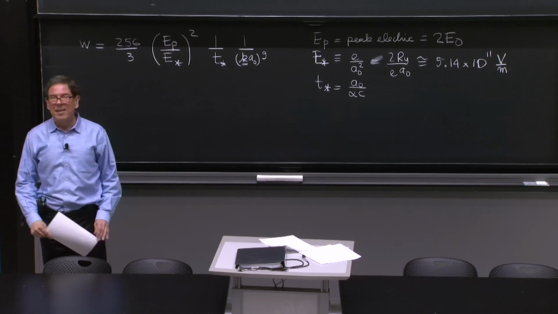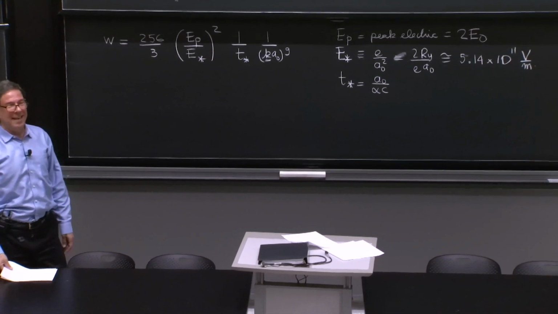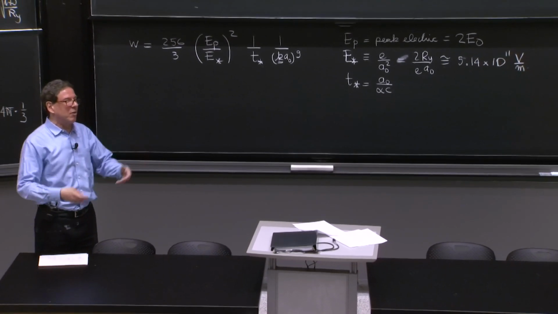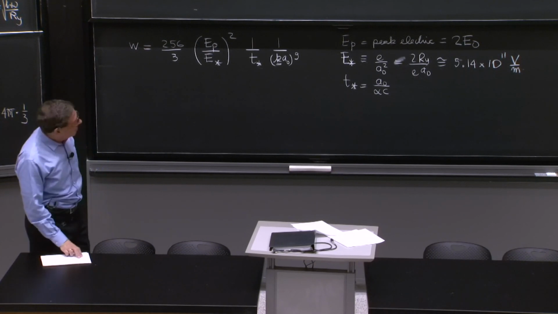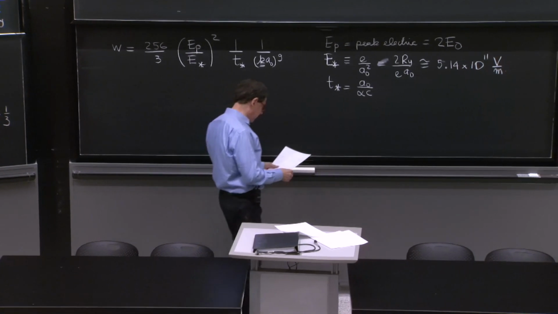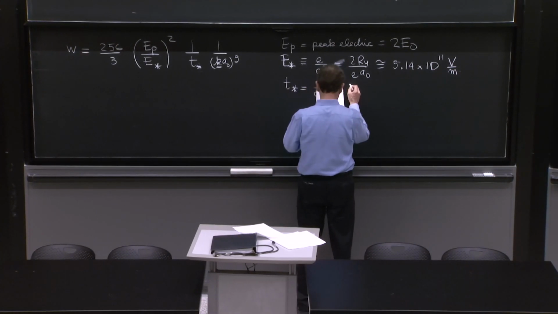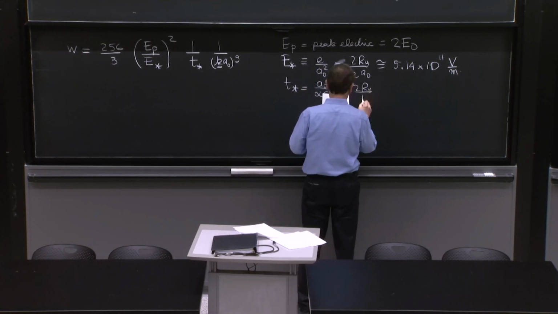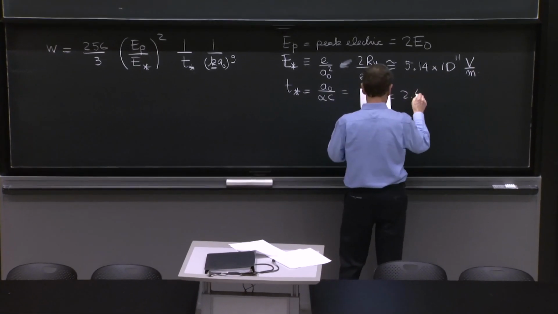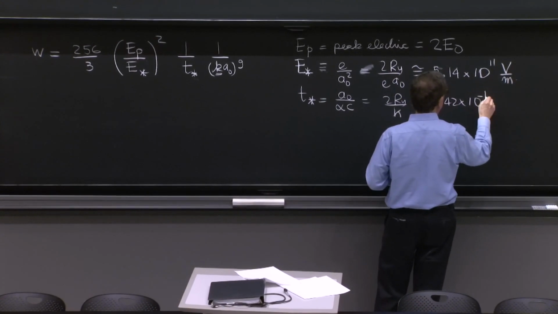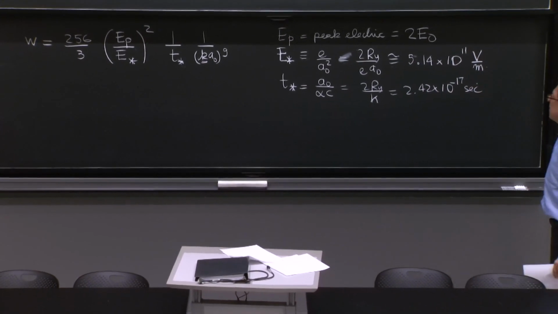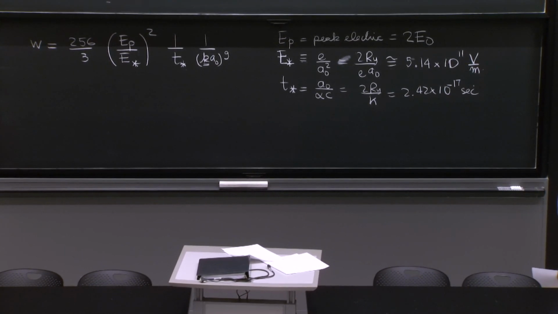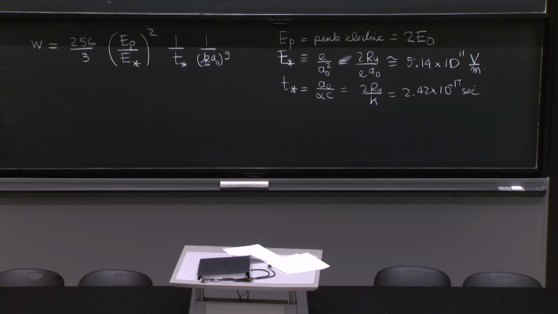This is, Shankar says, alpha equal beta, meaning the fine structure constant alpha is the beta of the electron. So this is T star, and it's actually 2 Rydberg over h bar, and it's 2.42 times 10 to the minus 17 seconds. That's the time the electron, which is not moving that fast, takes to move a Bohr radius.